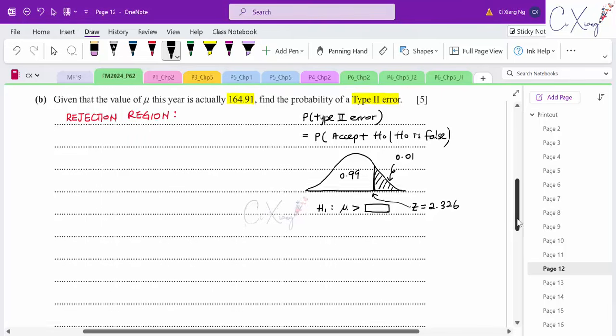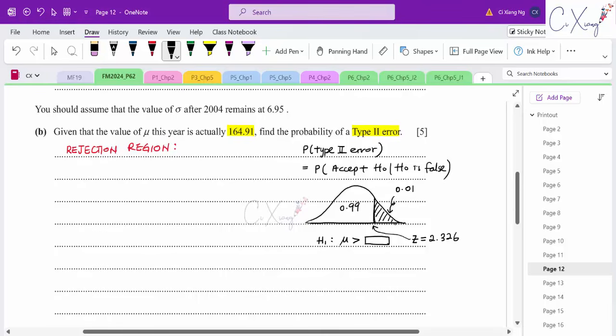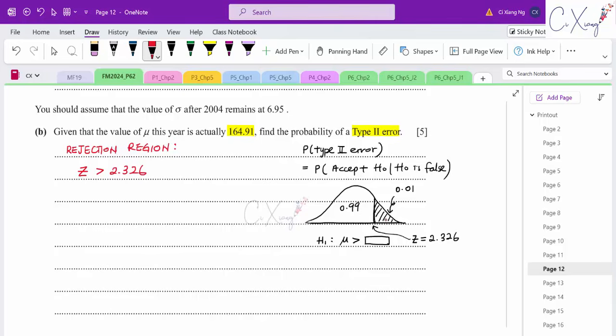Now I know that this is a rejection region. That means my rejection region is the part where Z is greater than 2.326. Any area that is more than this Z falls under the rejection region.